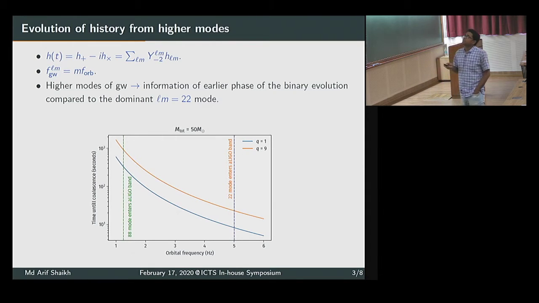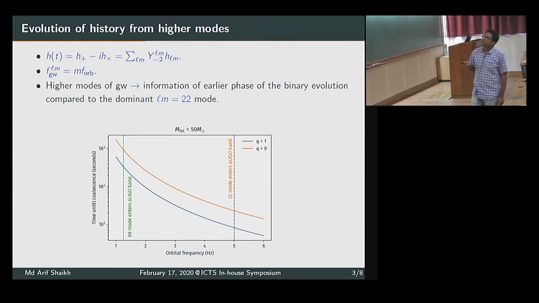So we see that if our detector is sensitive above 10 hertz, and we are detecting, let's say, the 2-2 mode, then we can detect the 2-2 mode only when the orbital frequency is 5.